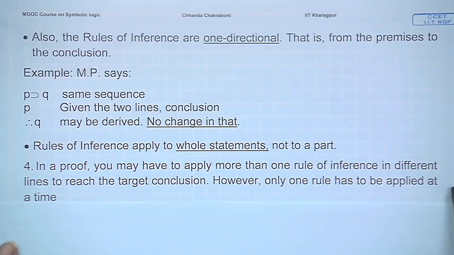And the other thing is that it is not necessary that in a proof you can use only one rule. In fact, there are different lines. As you gain experience, you will see that there will be many lines in a proof, and you can have a combination of various rules to reach your target, as long as those are in your rule base.